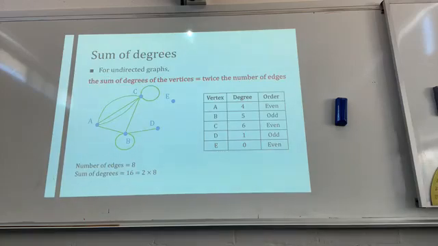So now the thing that you need to know for this one is the sum of the degrees of the vertices equals twice the number of edges for any undirected graph. The word undirected is important. All right? The word undirected is so important because there's no direction.